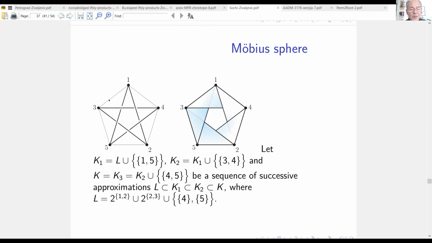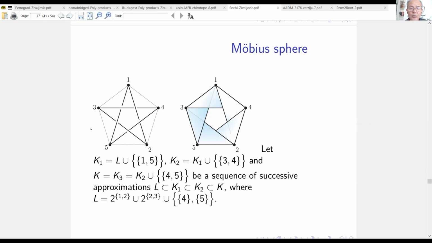So you remember a Möbius sphere has, well, minimal triangulation of the Möbius band has 5 vertices, and it is Alexander dual just to the 5 cycle on the left.